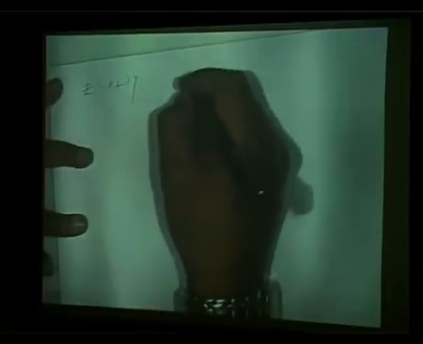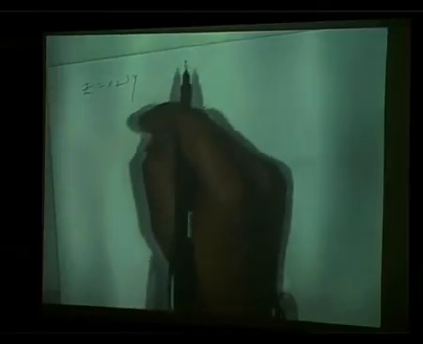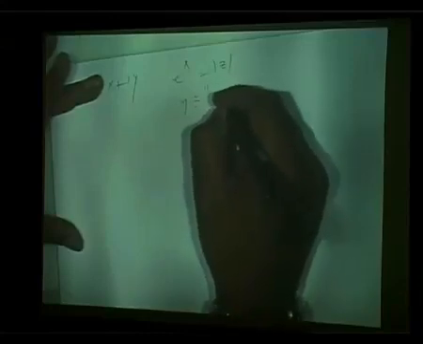Then if you write z as x plus iy, this is something that you would have seen. There is the usual decomposition into the real and imaginary parts, then e power x will be the modulus of z, and this y will be the argument of z.